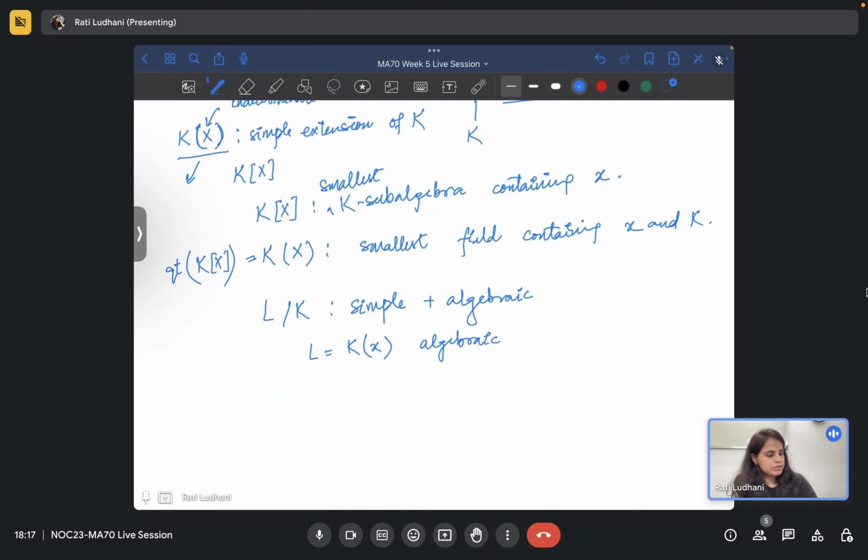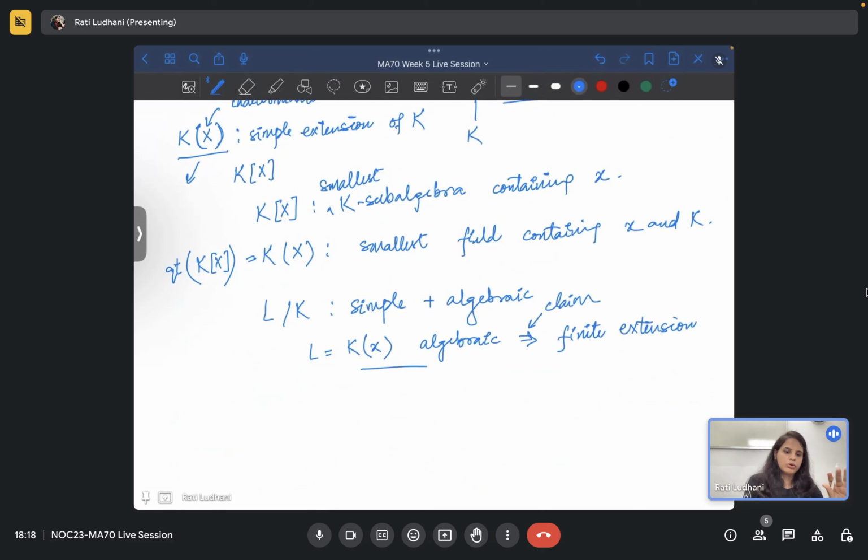Can you tell me what you can conclude with these two conditions? Do you understand that this implies that this is a finite extension? I'm claiming this. Can someone explain, if it is simple plus algebraic.